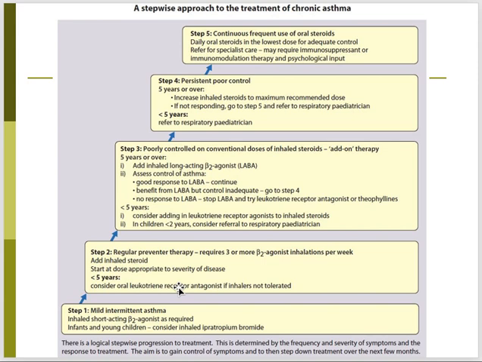They require a lot of hospitalization, systemic corticosteroids and all this stuff. So of course in them, we jump up, right? Sometimes we put them on step 5C, continuous frequent use of oral steroids. Okay, so this is the worst one.